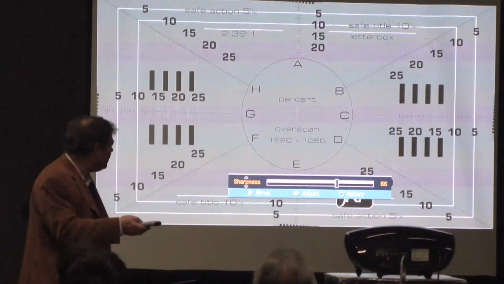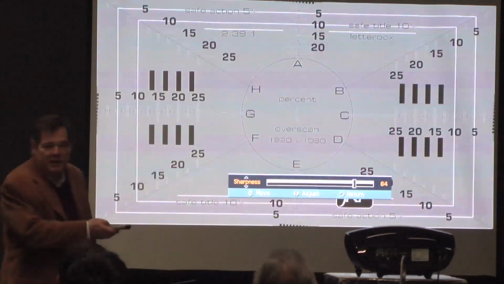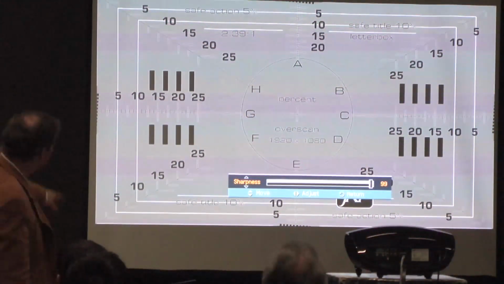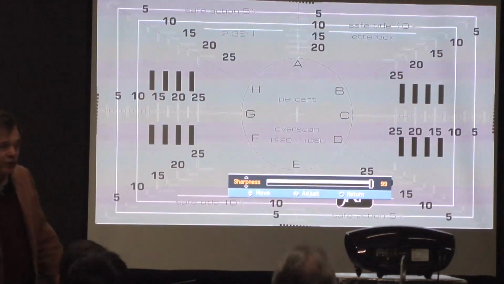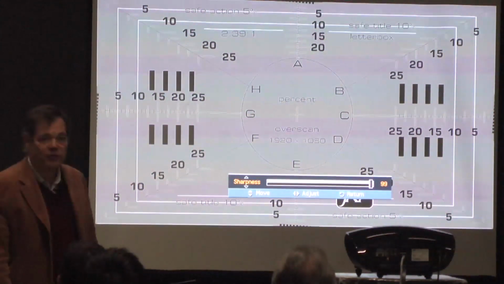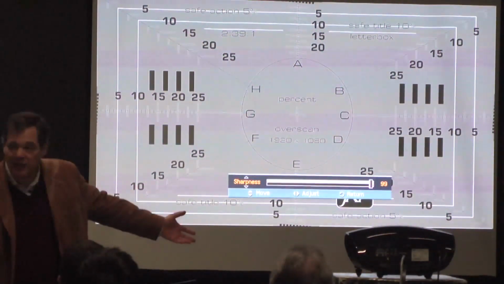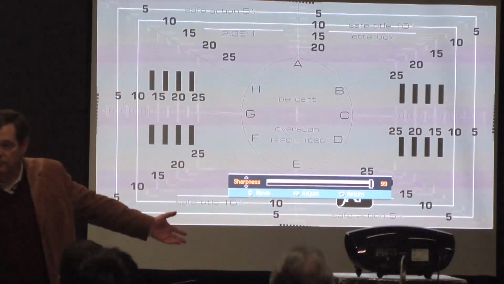Can everybody see the distortion that's being added to the image by turning the sharpness control up too high? Can everybody see that the sharpness control can be turned up so high that you can totally obscure the reality of any fine detail that's in the picture?